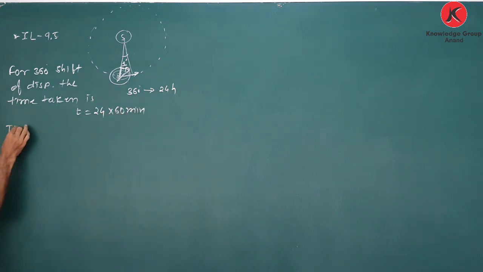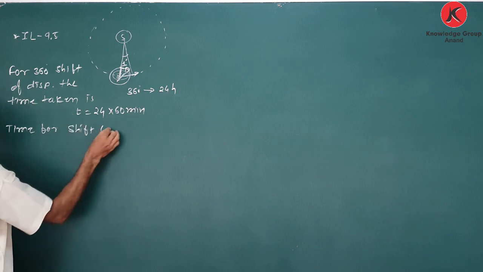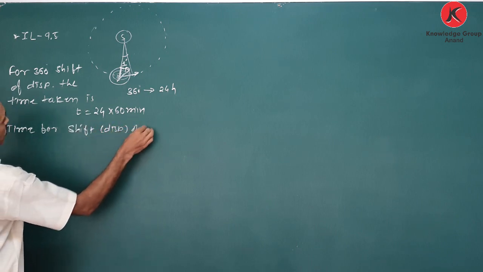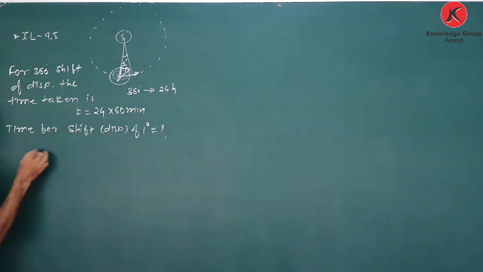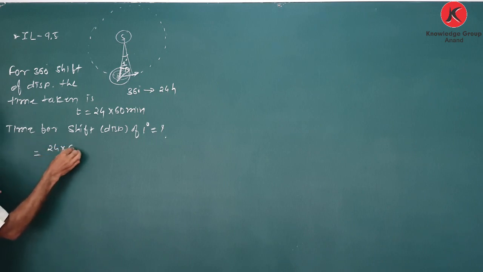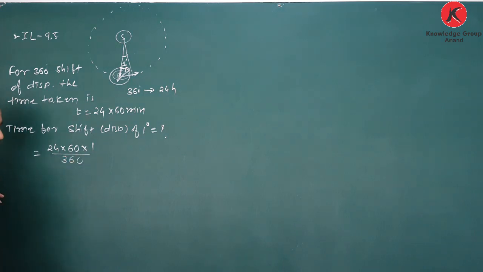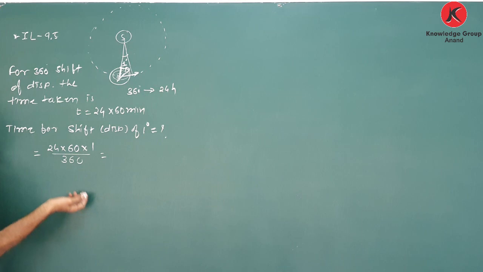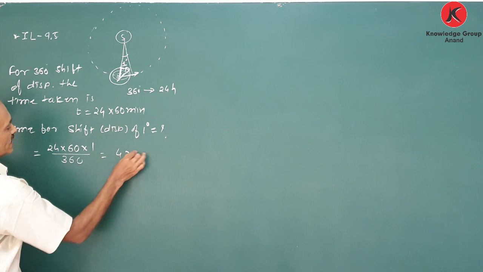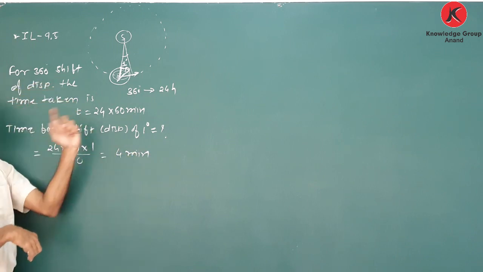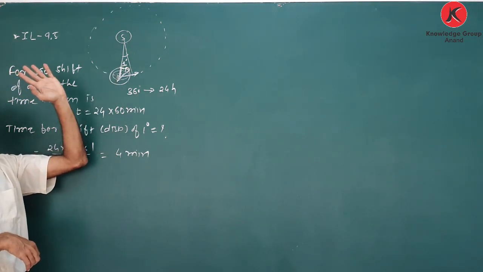Therefore, the time for a displacement of 1 degree is 24 into 60 into 1 degree divided by 360. Therefore, it is 4 minutes. So 4 minutes is the time for the shift of the sun by 1 degree.